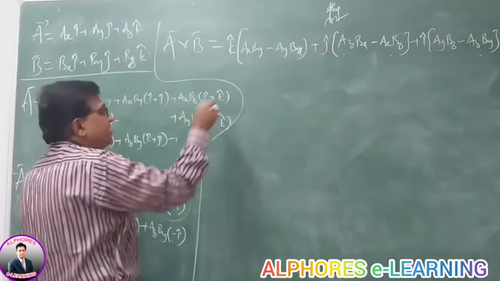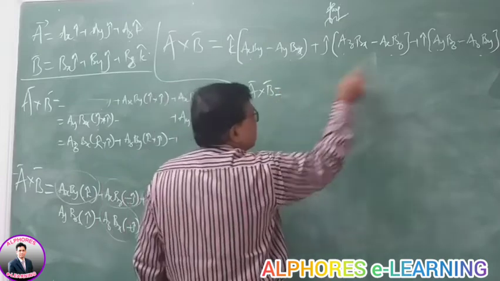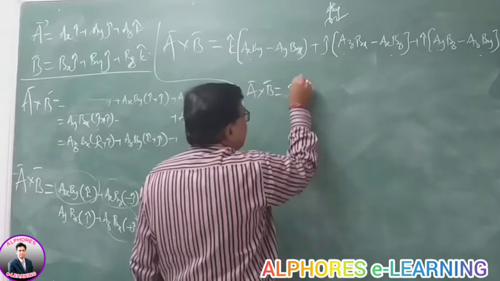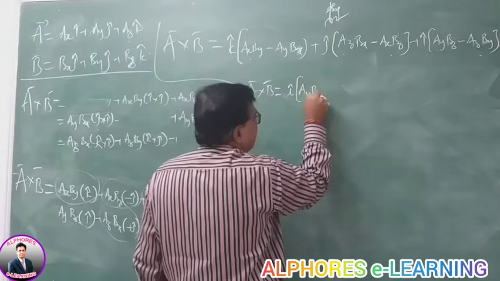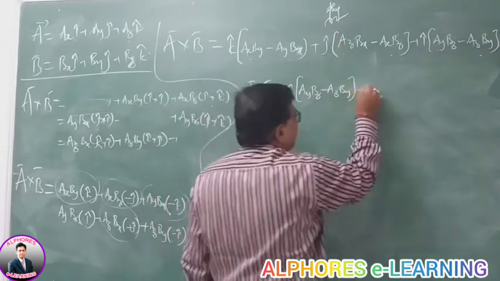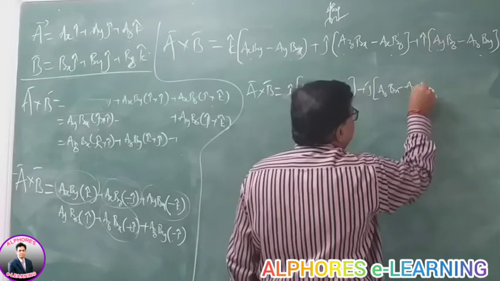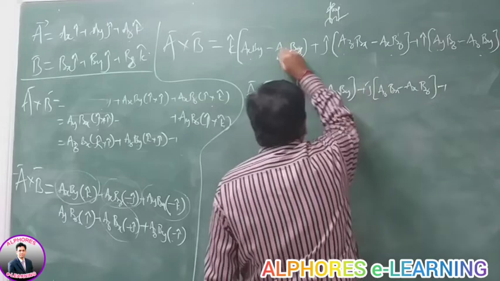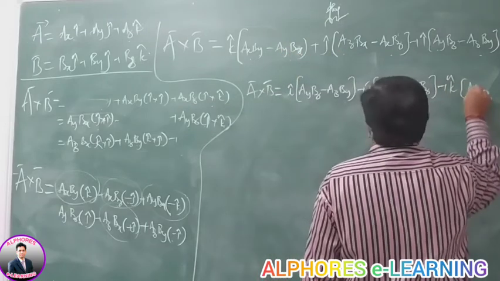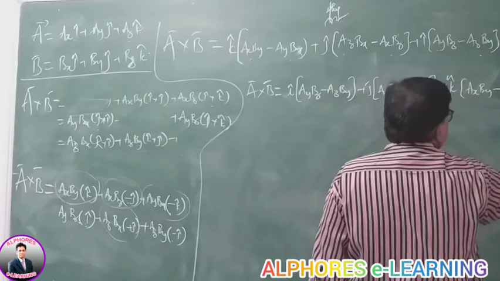So writing this in correct form, a cross b is i cap times ay bz minus az by, plus j times az bx minus ax bz, plus k times ax by minus ay bx.